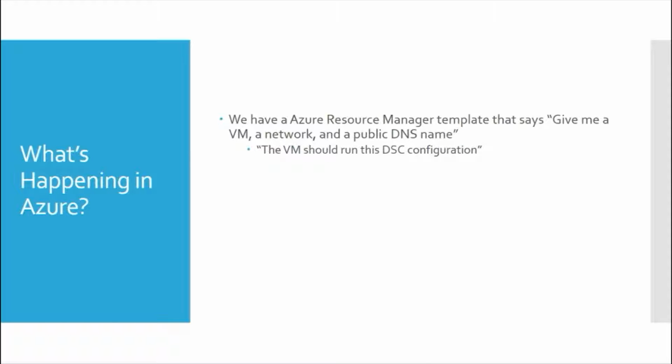So we handed Azure an Azure Resource Manager template, which is again that JSON file, and it's going to say, give me a VM, a network, a public DNS name, and a host of other things. It'll also say the VM should run this specific DSC configuration.